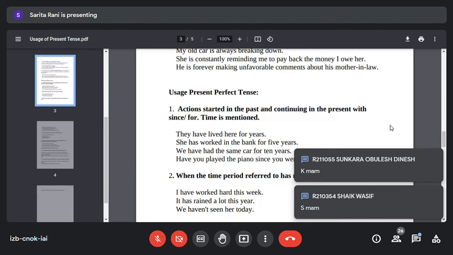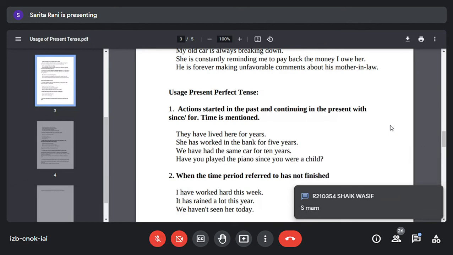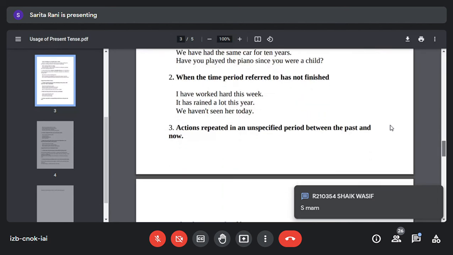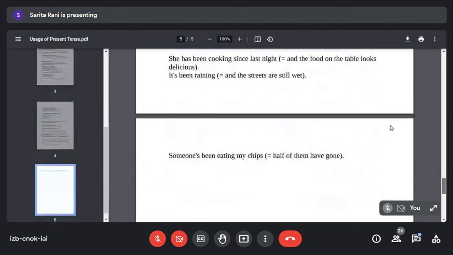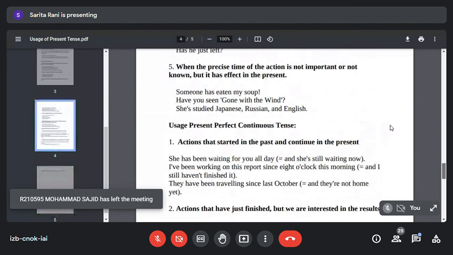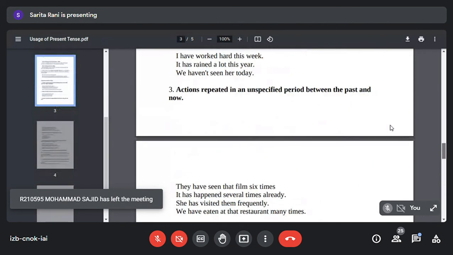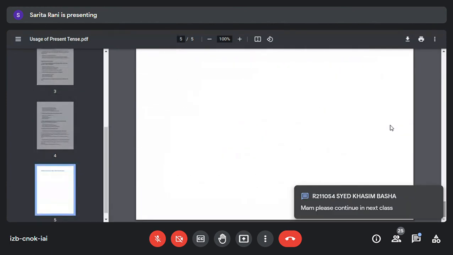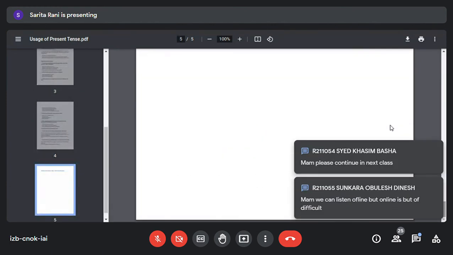If you cooperate, I will finish it off, but it will take half an hour. There are 5 points in present perfect and 2 points in present continuous form. Okay, see you students, log out.